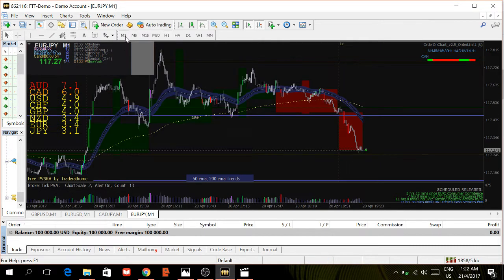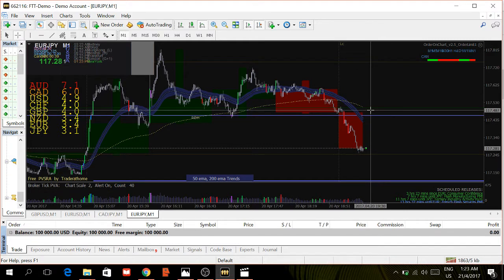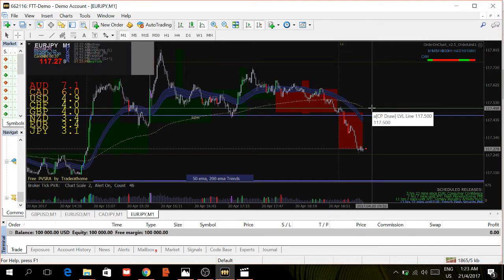Another thing that I would like to talk about is the key levels. As I mentioned, those range ones are also key levels, but you have to look at these ones. For example, this green line here indicates 117.500. 117.500 is a key level.